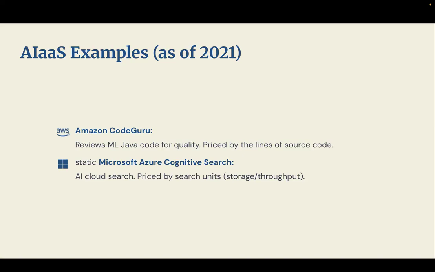How does Microsoft Azure charge them? They charge based on the number of search units. It depends basically on how many searches happen today, and these kinds of things. Based on this, Microsoft Azure Cognitive Search is going to charge their customers.